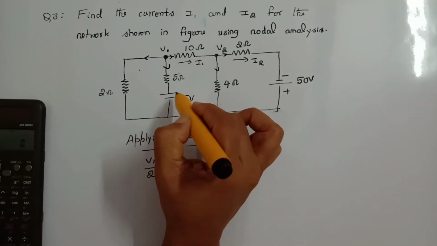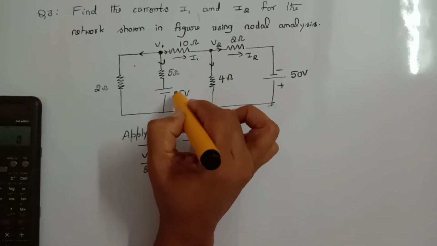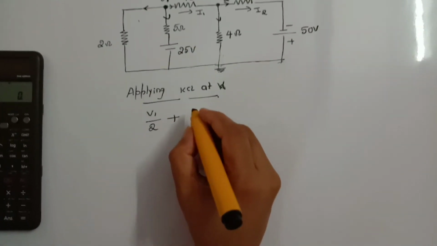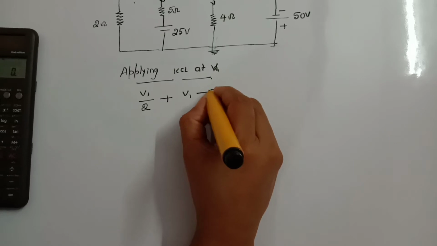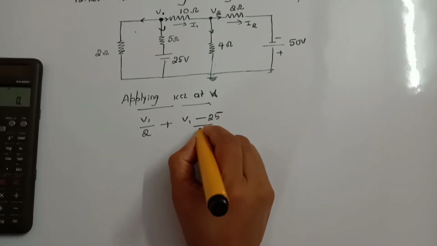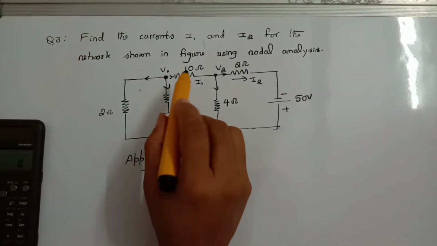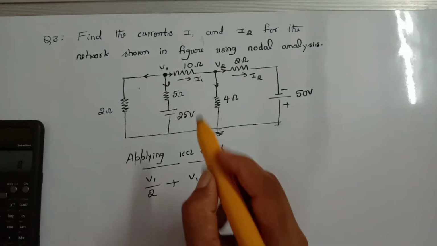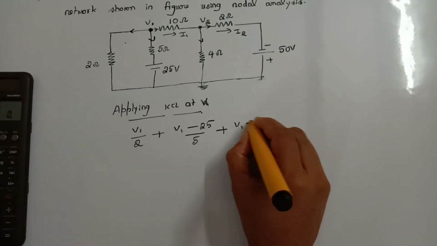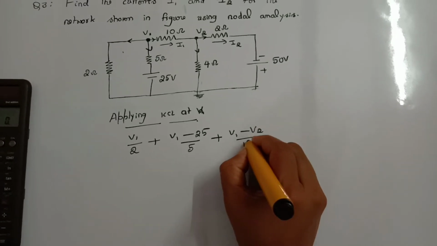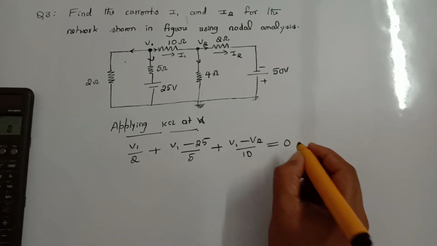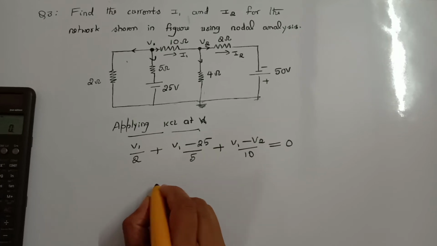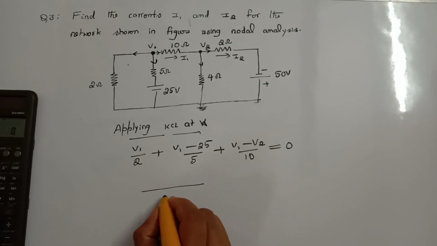V1 is higher than 25, so it is (V1 minus 25)/5 plus another current is leaving, that is (V1 minus V2)/10 is equal to 0.